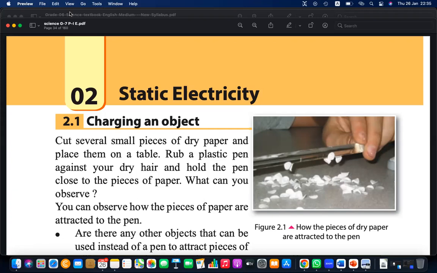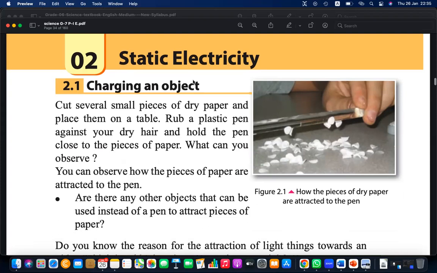This electricity is a little different from the electricity that we learned in the previous grade, because this deals with electrons, and it is a very small current. It's not something to turn on a bulb, right? But you can experiment with this electricity, and there are nice things we can do with static electricity.